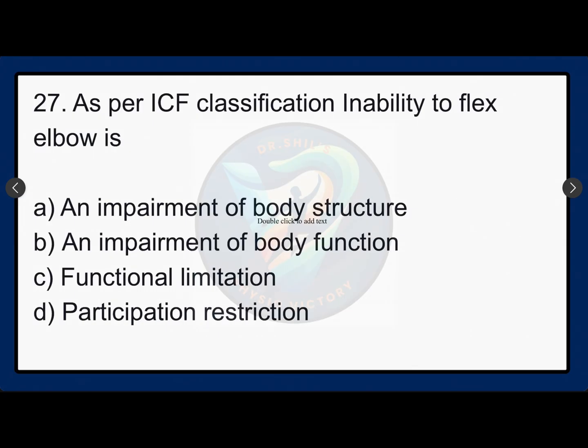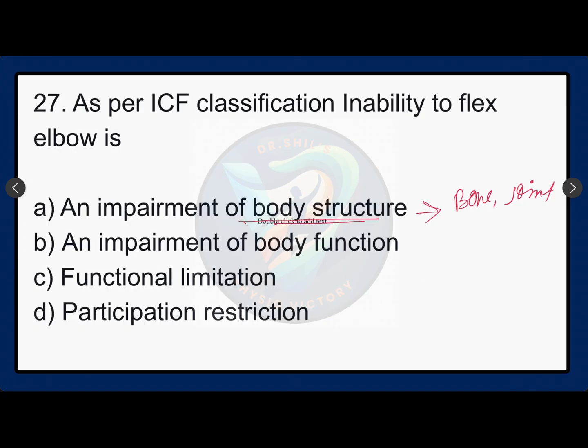Next, question number 27. As per ICF classification, inability to flex elbow is option A an impairment of body structure, option B an impairment of body function, option C functional limitation and option D participation restriction. Here, an impairment of body structure basically leads to loss of bone or joint.